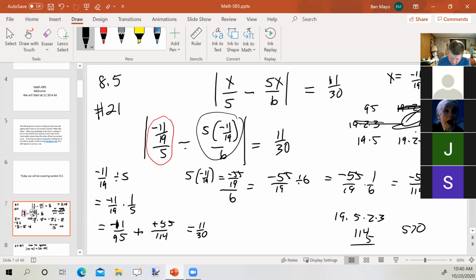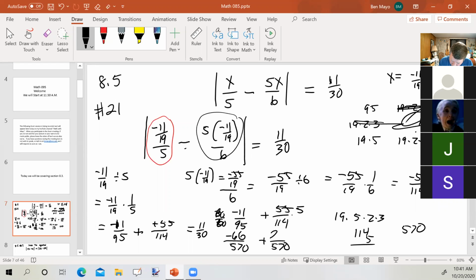So if 570 is our LCD, negative 11 over 95 plus 55 over 114. If we turn this into 570, we'd have to multiply by 30. Is 30 times 95? No, that's not right. That would be 6 times 6, negative 66. And then this would be 5, what's 55 times 5?